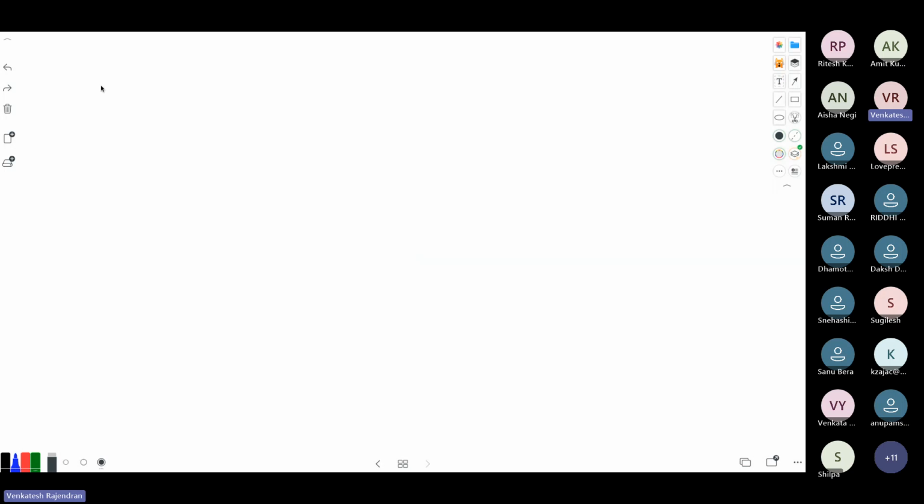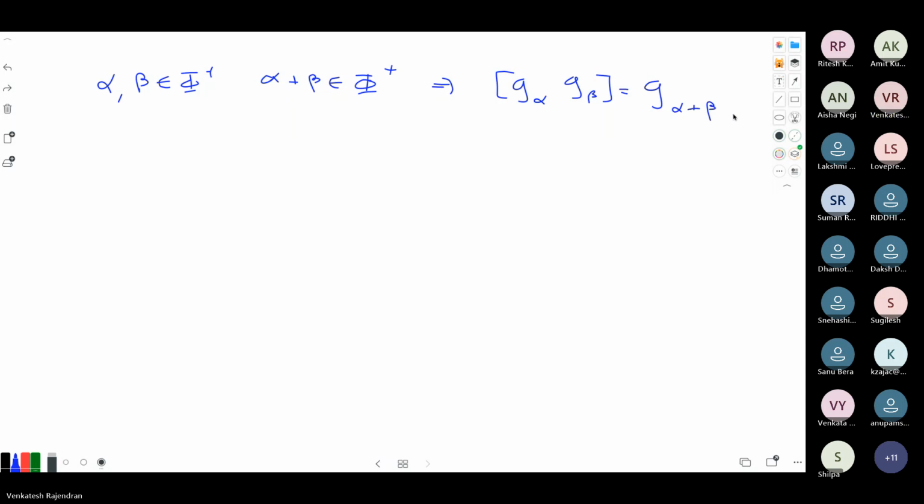So if you take alpha, beta in phi plus, suppose alpha plus beta is again a root, so it's supposed to be in phi plus. Then you know that the bracket [g_alpha, g_beta] must be equal to g_alpha plus beta. This is something we have already.